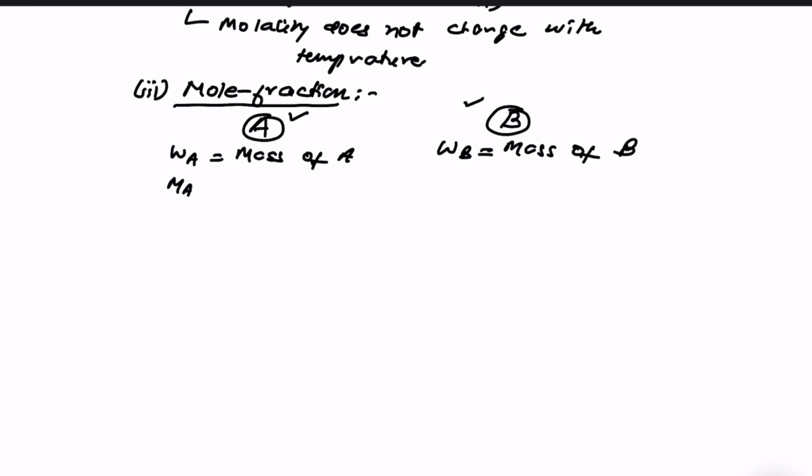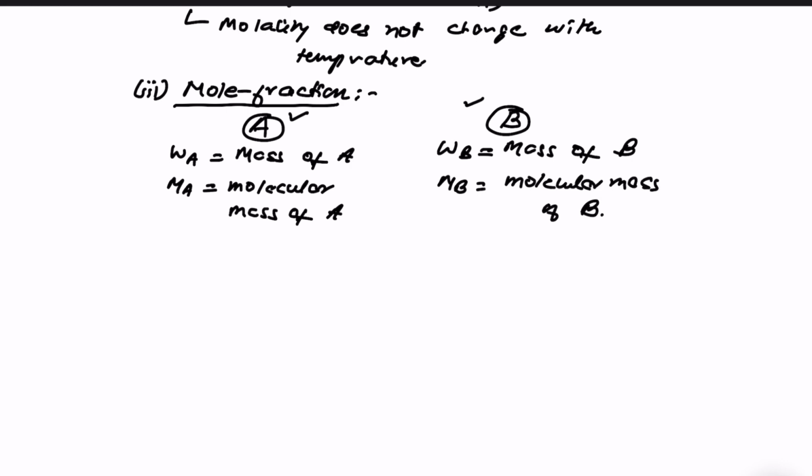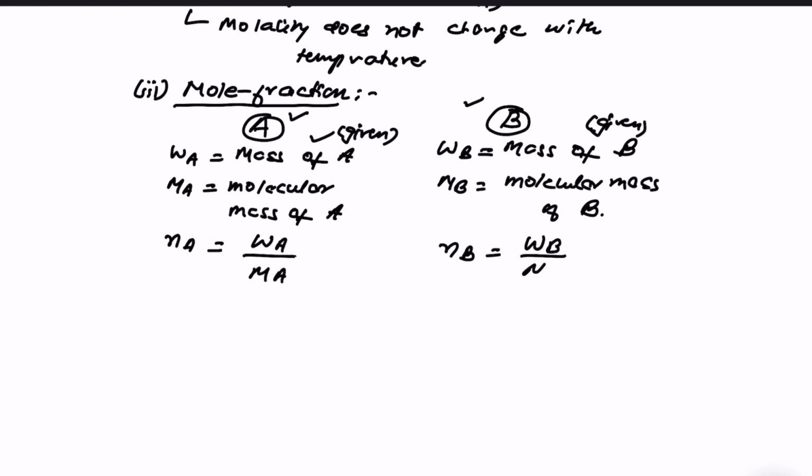Say MA is denoting the molecular mass of A, and MB is denoting the molecular mass of B. So if I want to find the number of moles of A, since I know the number of moles is the given mass upon molecular mass, the number of moles of A will become WA upon MA. Similarly, the number of moles of B will become WB upon MB.